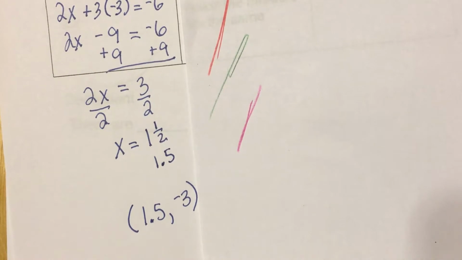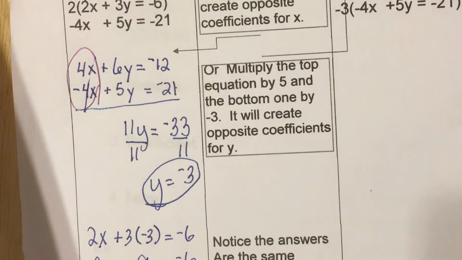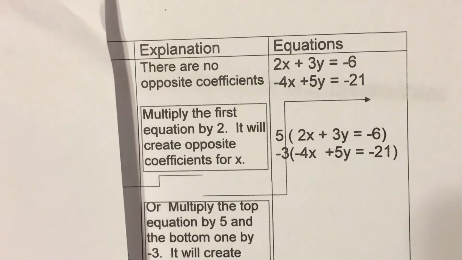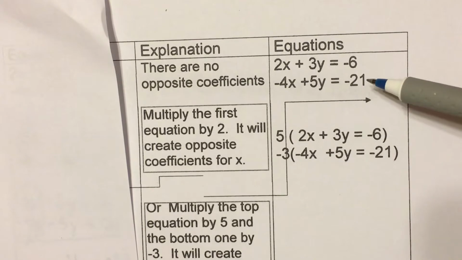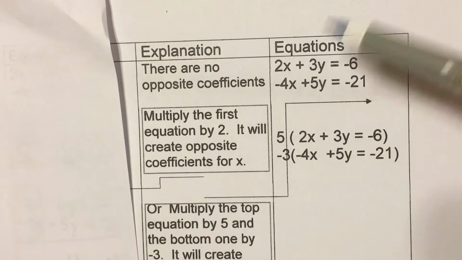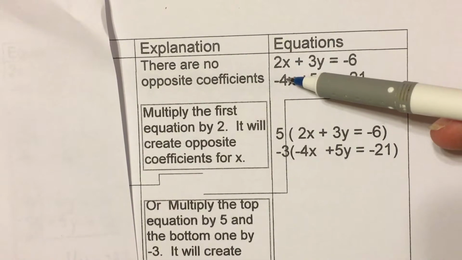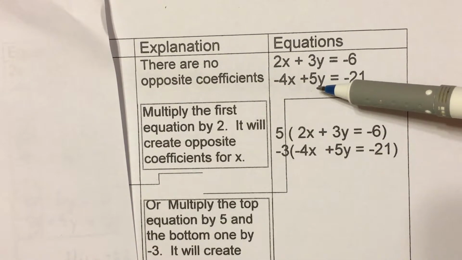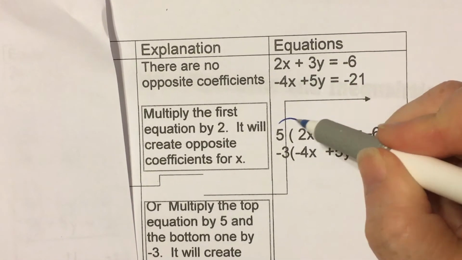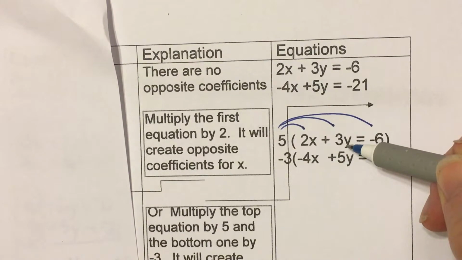All right, now I'm going to do the exact same problem, but this time I'm going to switch out what I do. So now I'm going to hold up the other side. So again, same problem with the lack of coefficients. But this time, maybe I didn't notice that I could multiply the top by 2 to make that 4. Instead, I said, well, this is 5, and this is 3. If I multiply the top one by 5, my y will be 15y.